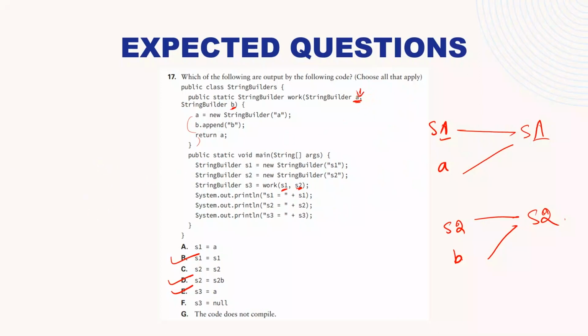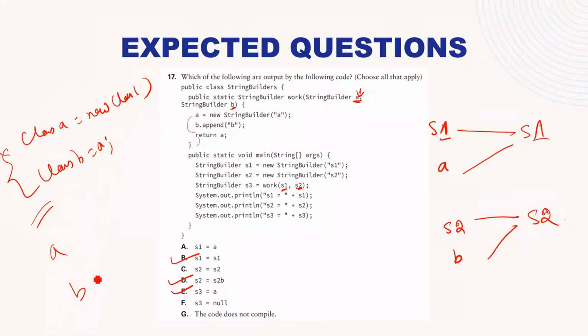For example, take this: we have a class A equals new class, and then class B equals A. That is what is happening over here. That's why both A and B are pointing to the same object. Okay, I hope that is making things clear.